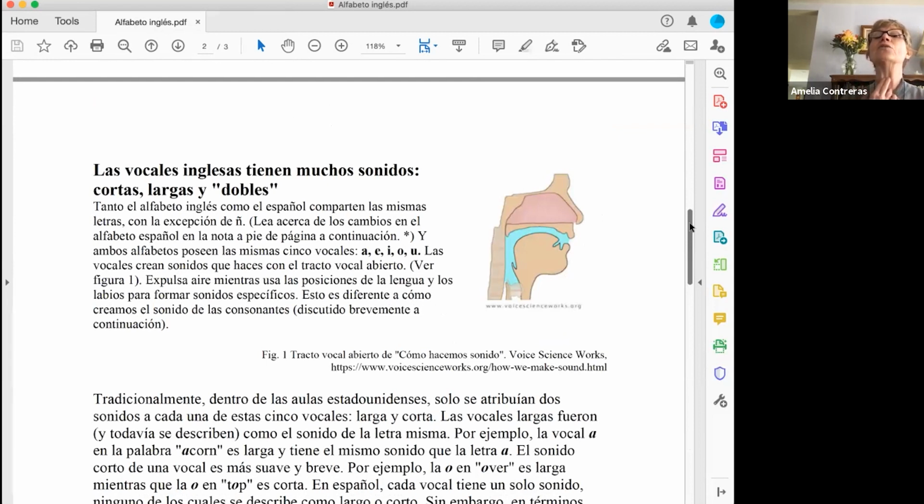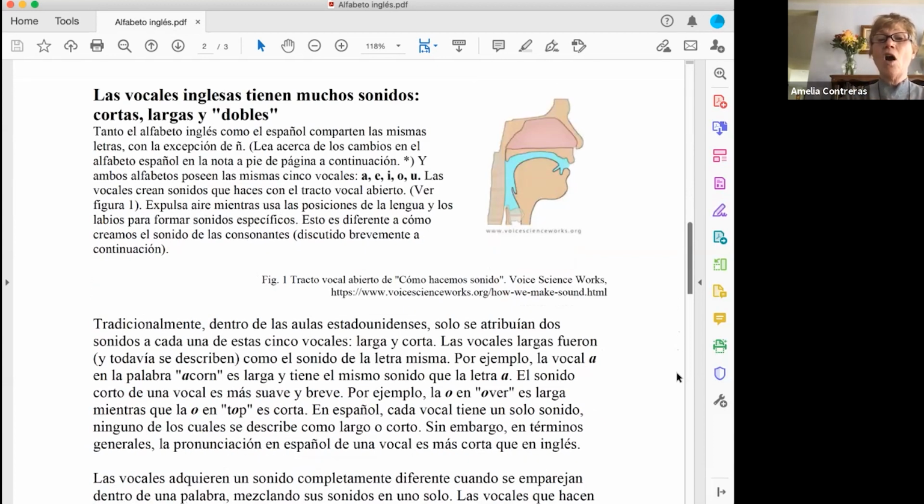Your mouth and your throat is open to the sound. So for instance, listen to the vowels. A, E, I, O, U. There's no obstruction. It's clear and continuous.